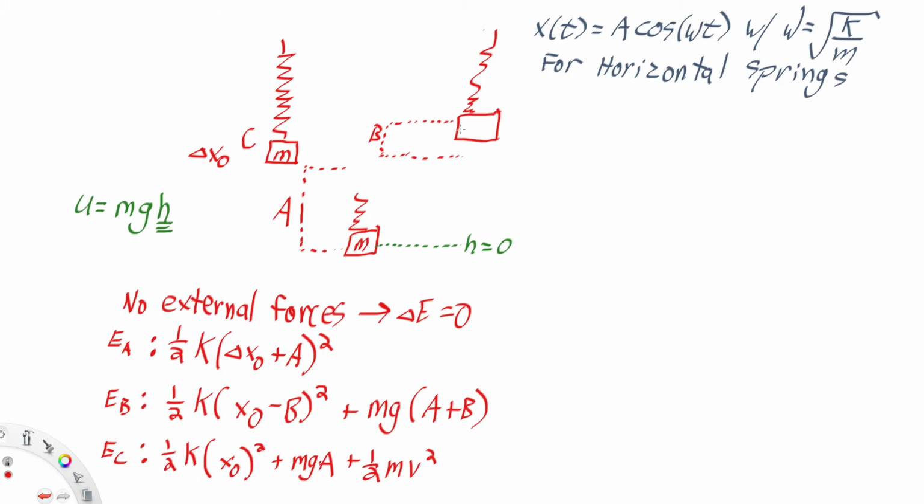And I guess another way of asking that is, does it matter if B is bigger than x sub 0, delta x sub 0?